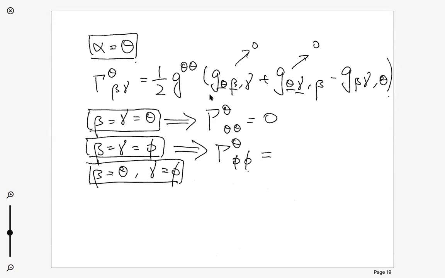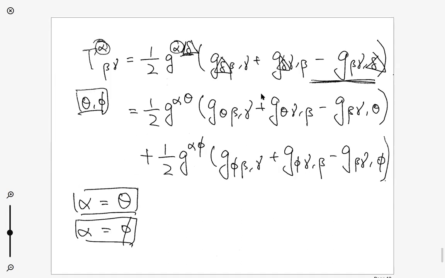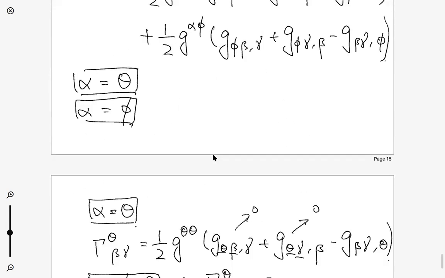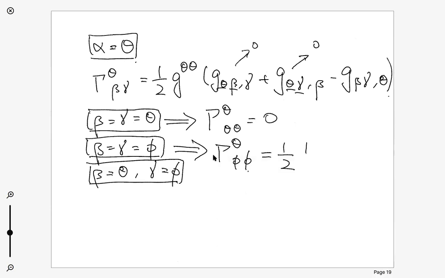So the answer for the theta phi phi components would be, first, we have the 1/2. Don't forget the 1/2. And then g theta theta inverse, which is this thing here, 1 over a squared, right? And then the bracket, the first two things is 0.